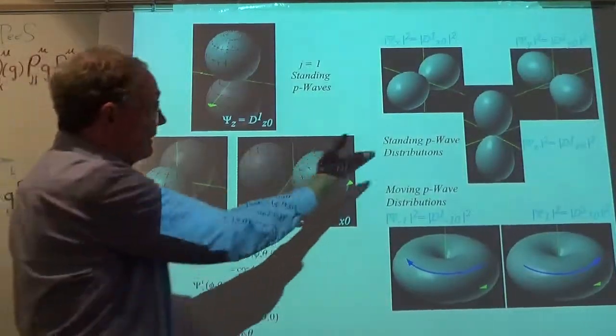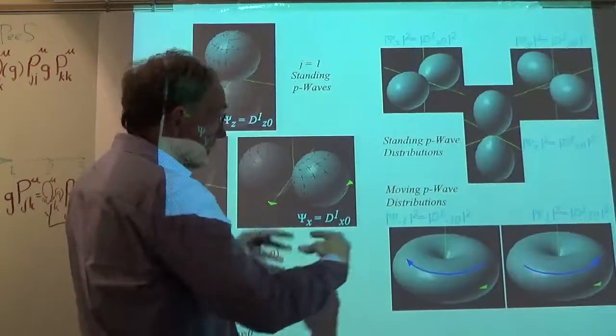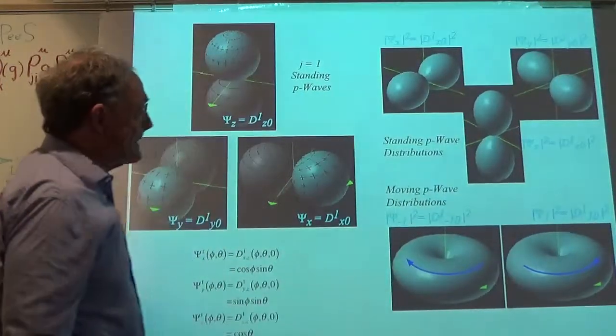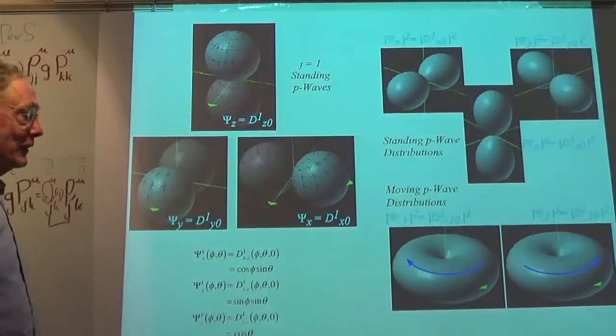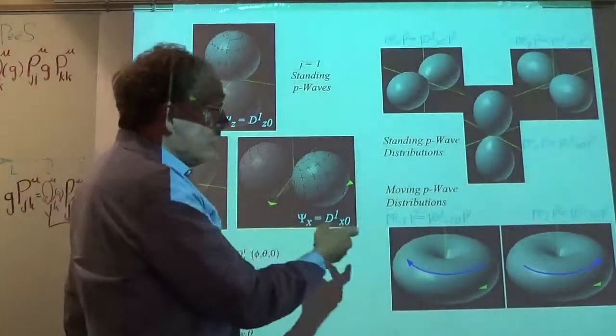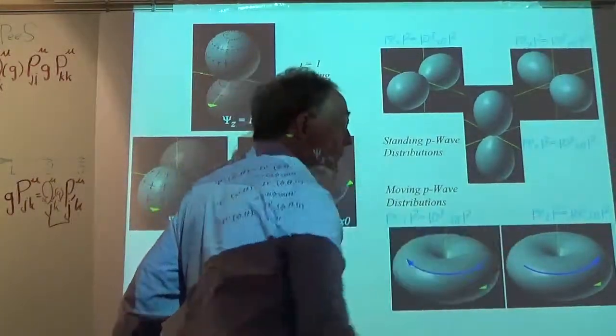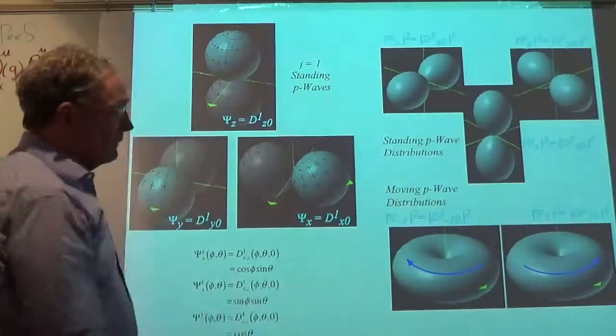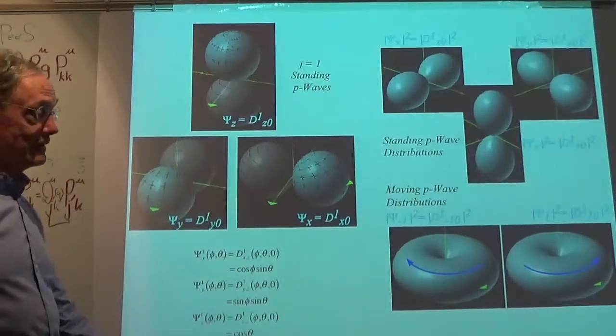Here's what they look like if they're squared. They get a little elongated, sort of egg-shaped. Spheres turn into eggs. Or if you use just the straight angular momentum states, that's what their squares look like.